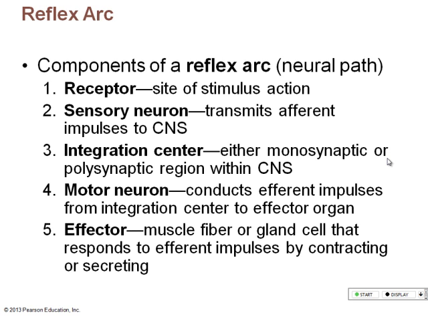So that involves some sort of sensory neuron that has to take that message and send it to the central nervous system. Then we have to hand off the message to a couple of different players in the movement associated with the reflex. And that's going to happen in the integration center. The integration center is in the central nervous system, usually in the spinal cord, depending on which reflex we're talking about.